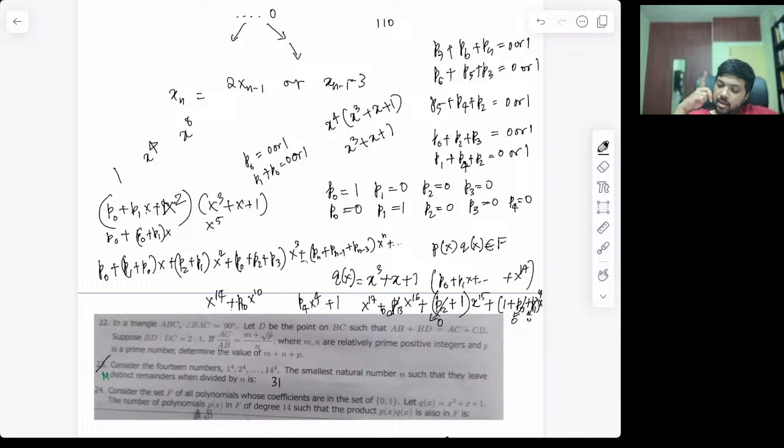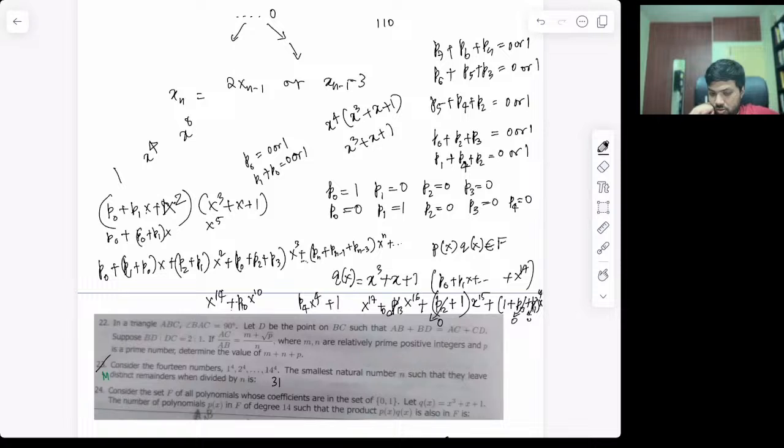And conversely, if you come from x power 14 down, the same thing goes backwards also. The x power 14 coefficient is 1, and we saw that the x power 13, x power 12, x power 11 coefficients were actually 0. So then at x power 10 you have a choice.